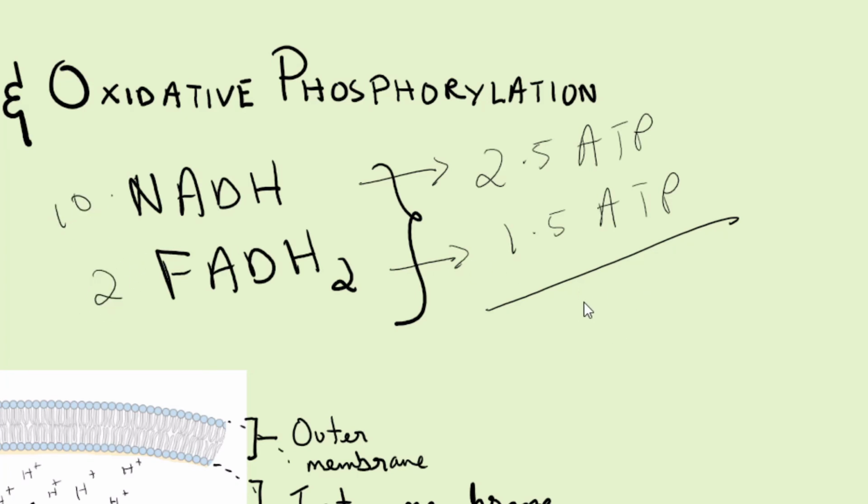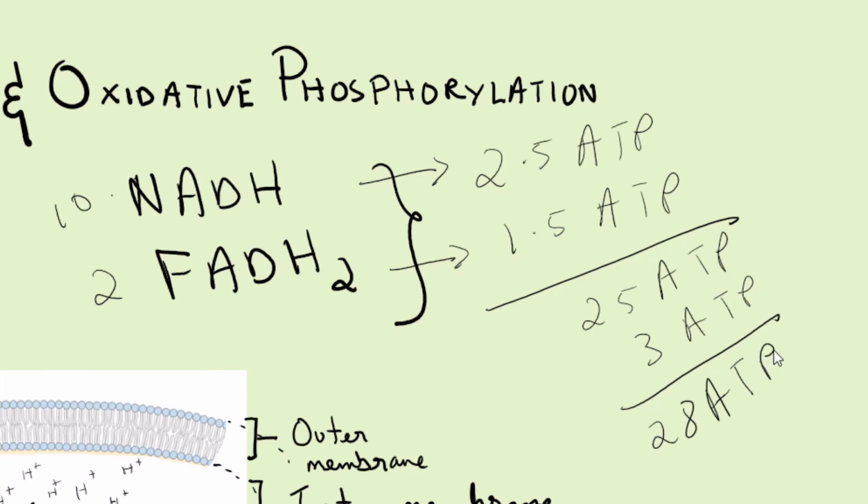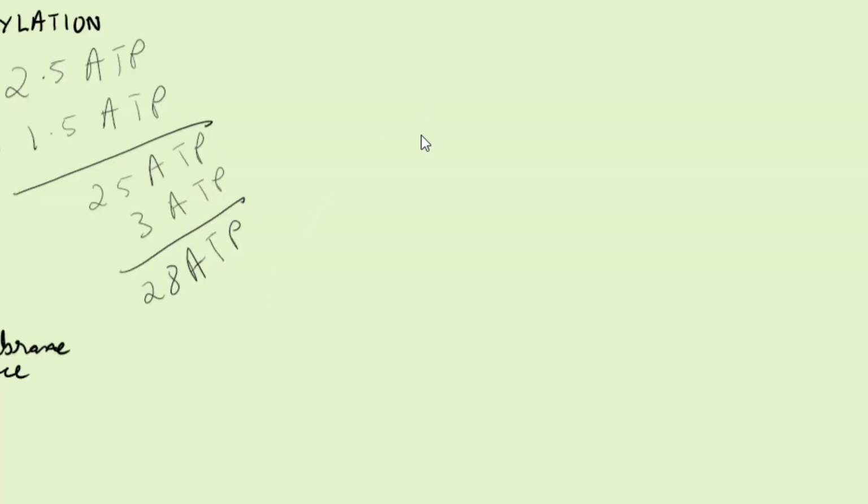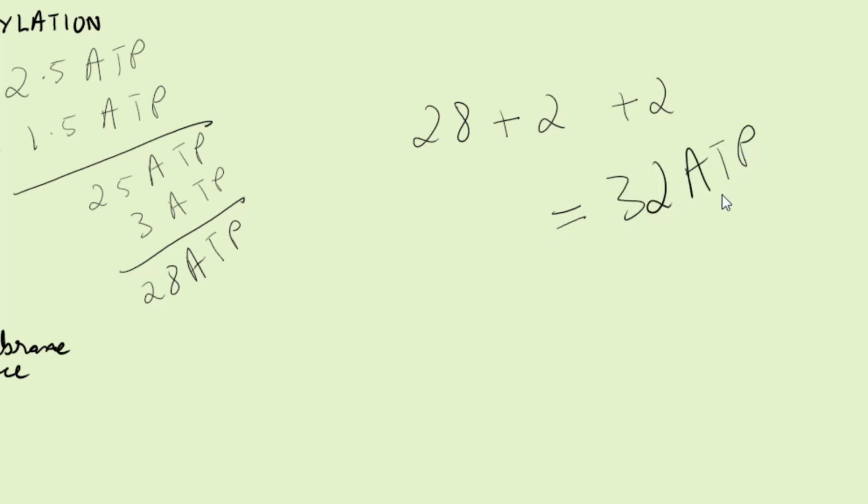So the total will be 25 ATP from NADH and 3 ATP from FADH2, which brings the total to 28 ATP molecules. And when you add those 28 ATP molecules plus the 2 ATP molecules we get from glycolysis plus the 2 molecules of ATP we get from the citric acid cycle, we get the magic number of 32 ATP molecules per molecule of glucose.